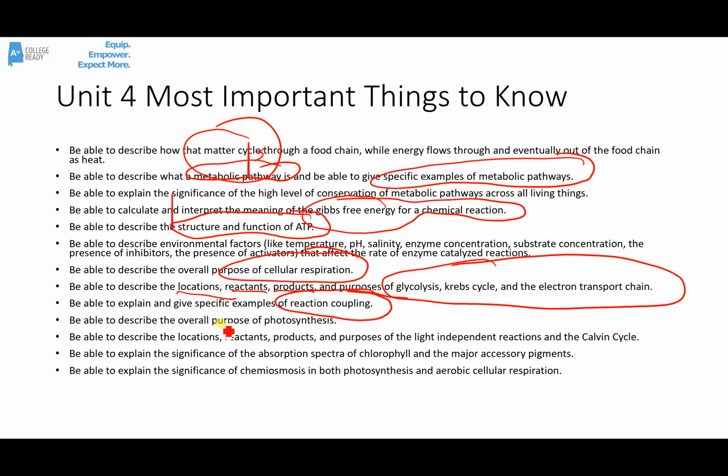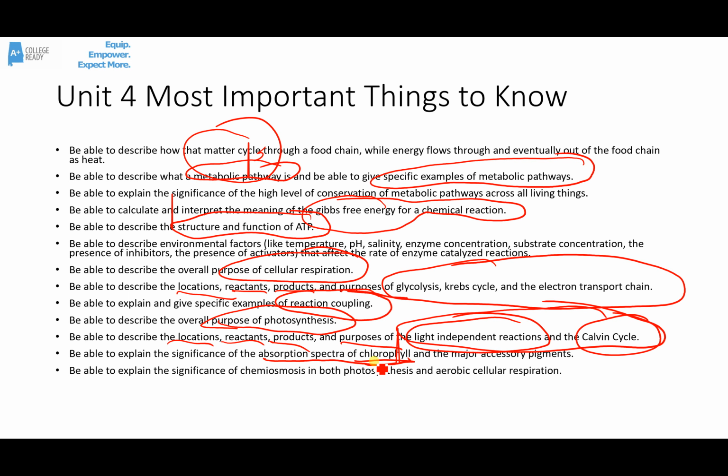Be able to describe the overall purpose of photosynthesis and be able to describe the locations, the reactants, the products, and the purposes of the 2 major parts of photosynthesis: the light-dependent reactions and the Calvin cycle. Next, be able to describe and explain the significance of the absorption spectra of chlorophyll and of some of the major accessory pigments like xanthophyll and carotene.